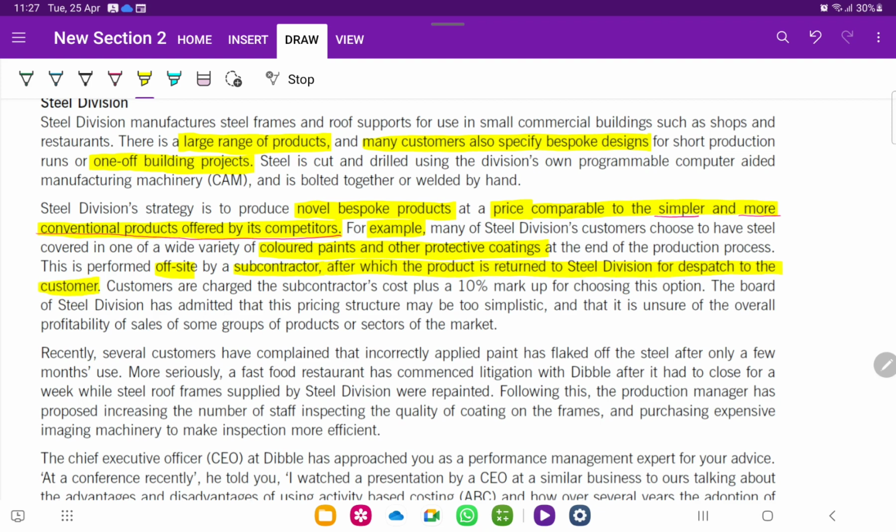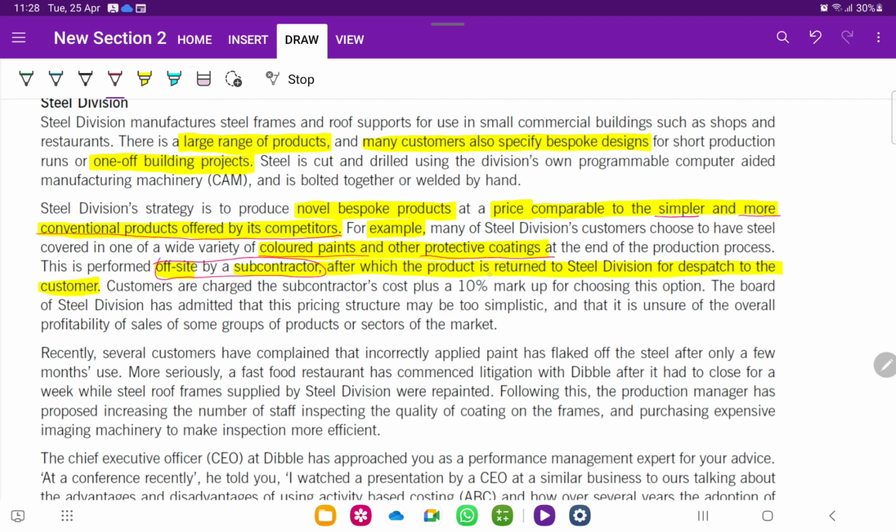Now what this process is: if a customer wants to cover its steel with colored paints and protective coating, just to avoid rust and other things, it can be done, but that is not done by the company. That is done off-site by a contractor, right?